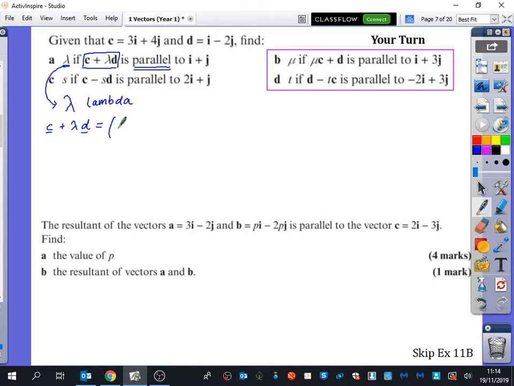So C is 3, 4, plus lambda, and D is, what's D going to be in vector form? 1 minus 2.